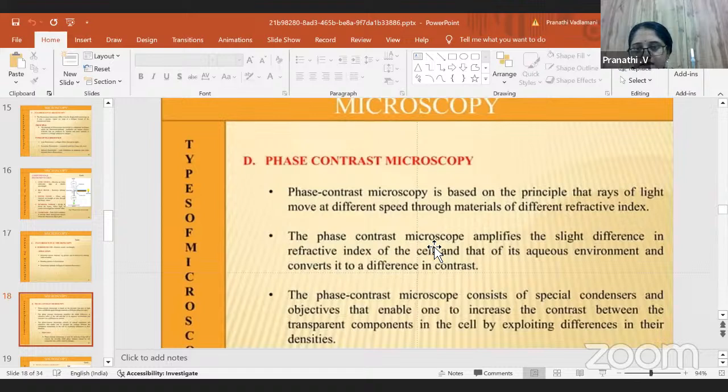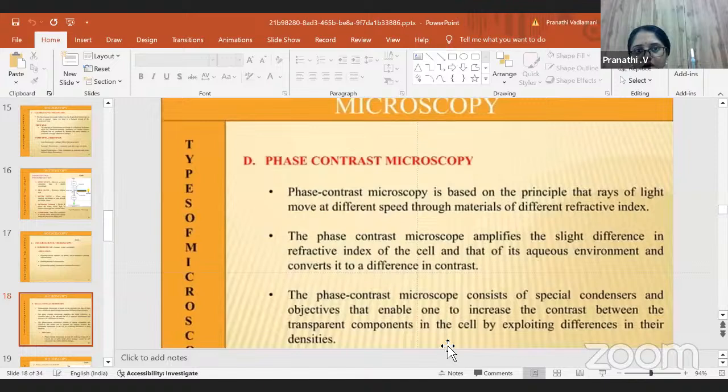So in this, you have different condensers. The basic use of a condenser is that it helps in intensifying or strengthening all the light beams and lets them pass on to the objective. So in the phase contrast microscopes, you have special condensers, you have special objectives, because of which you will be able to see the contrast between the different components in the cell.